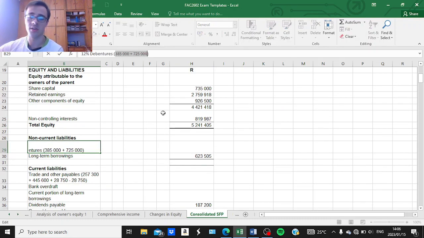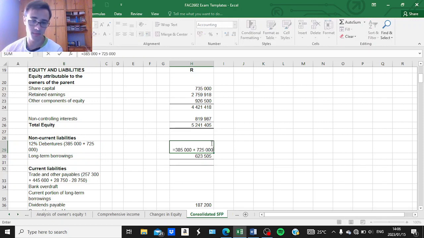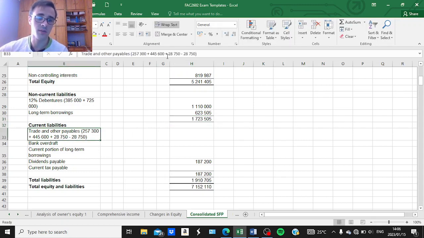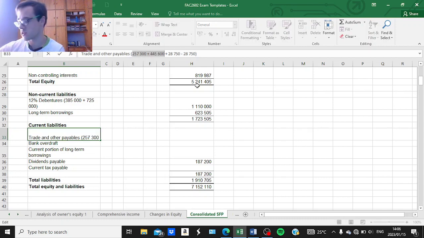Then we have our non-current liabilities, debentures amounting to 1.11 million. So total non-current liabilities 1,723,505. And then we still need to account for the trade and other payables. Okay, those two will just cancel each other out.